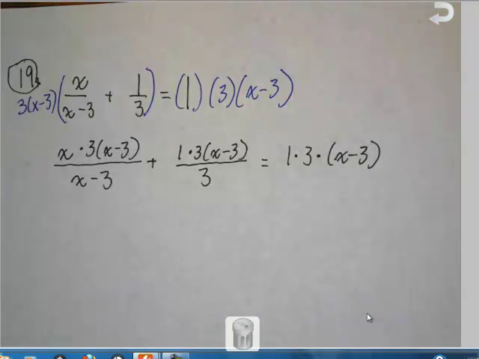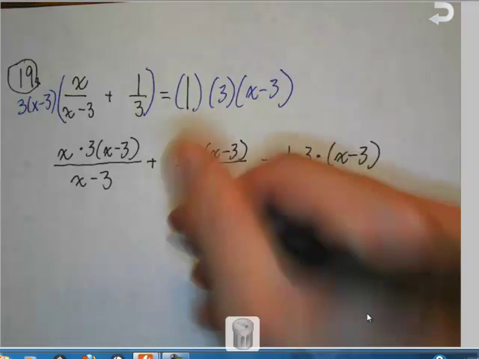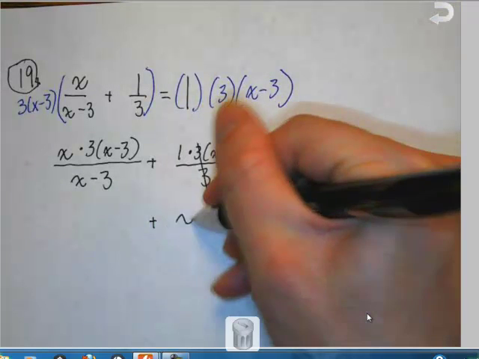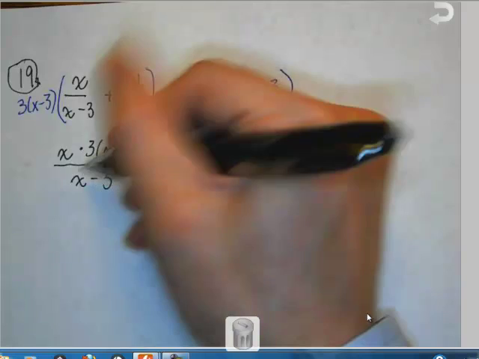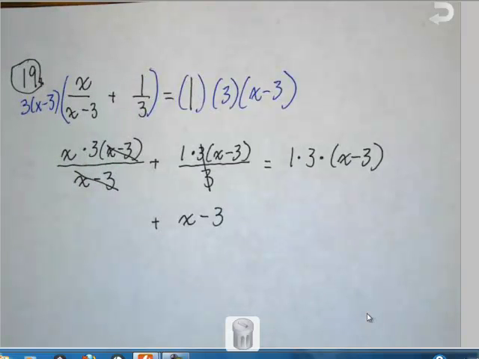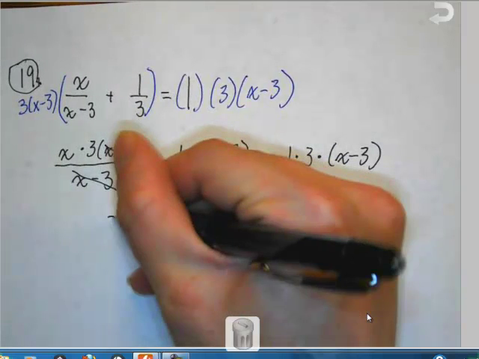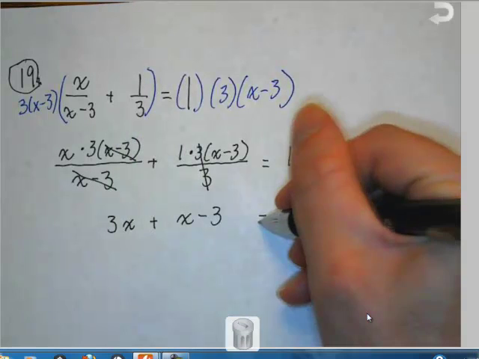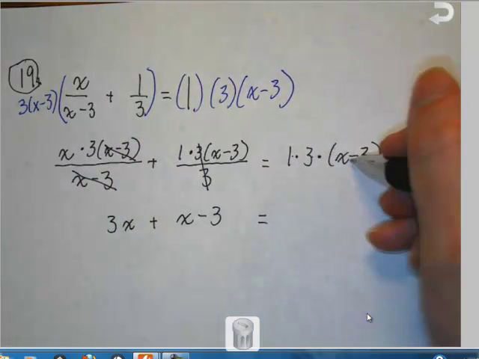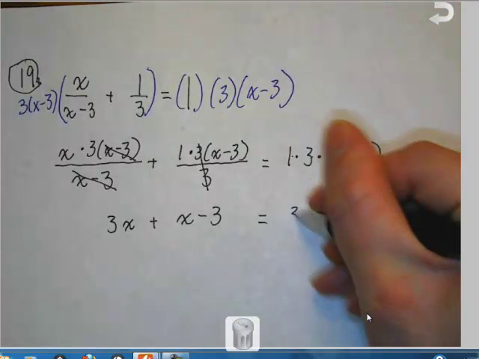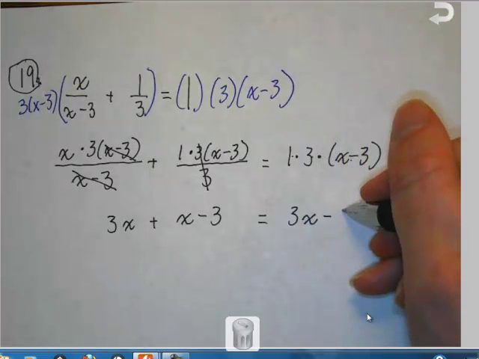Well, of course, 1 times 3 is trivial. And the 3's cancel here, leaving you with x minus 3. Here, the x minus 3's cancel, leaving you with 3x. And you say that this is equal to 3 times x minus 3, which is 3x minus 9.